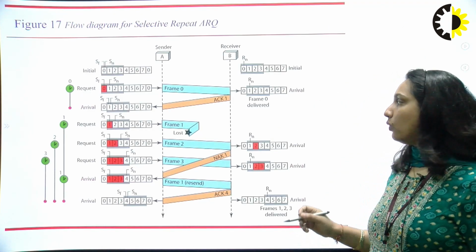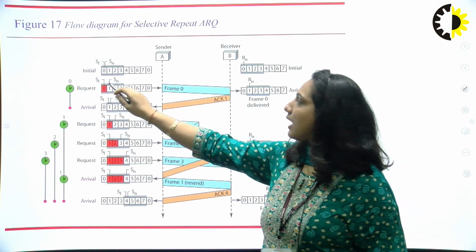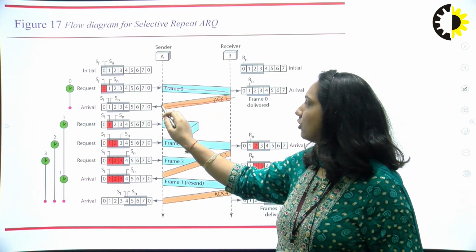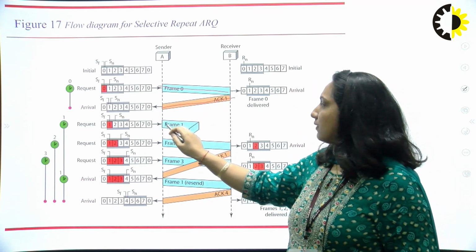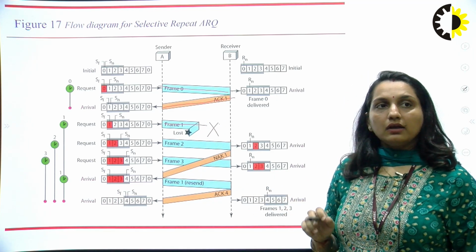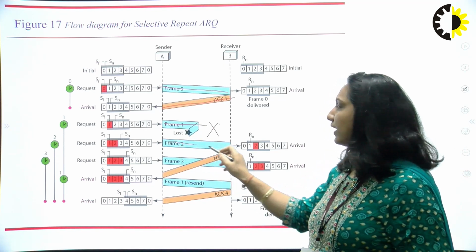So this is the flow graph. If we send frame 0, we get an acknowledgement of that. If we send frame 1, and it is lost in the packet, we then have frame 2.